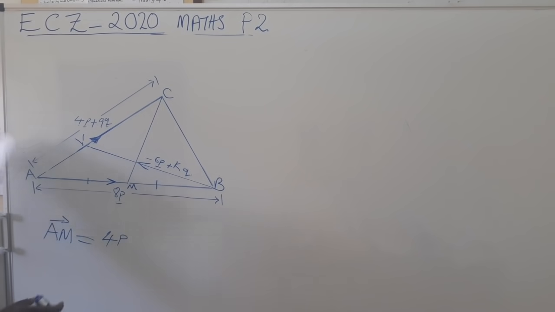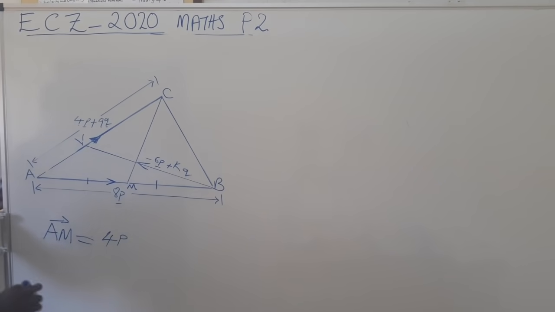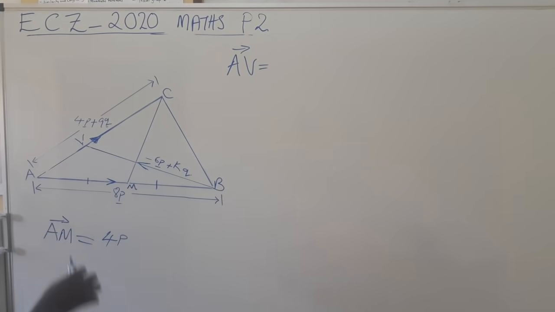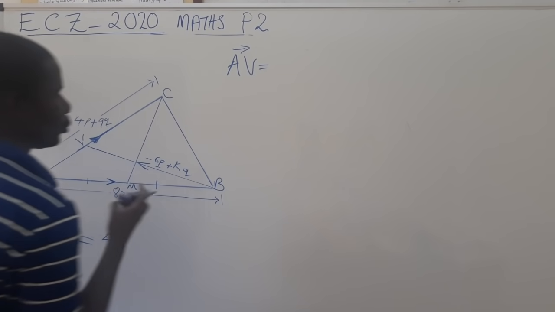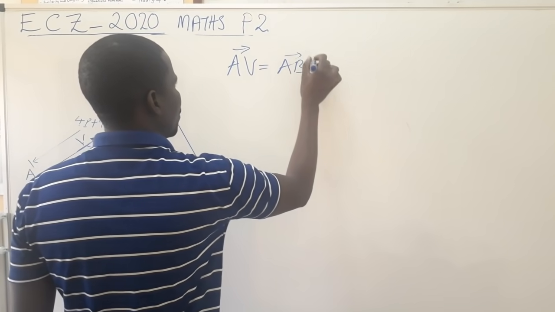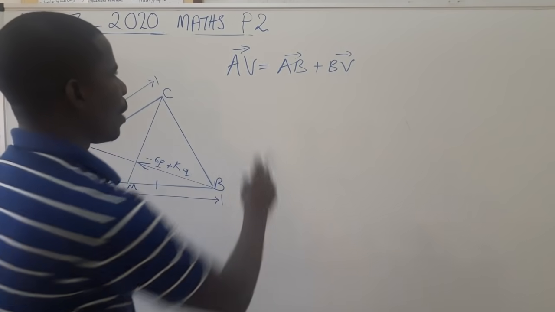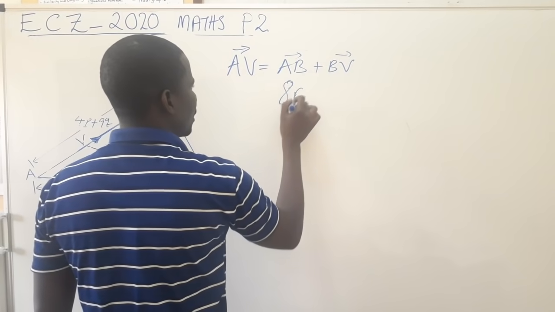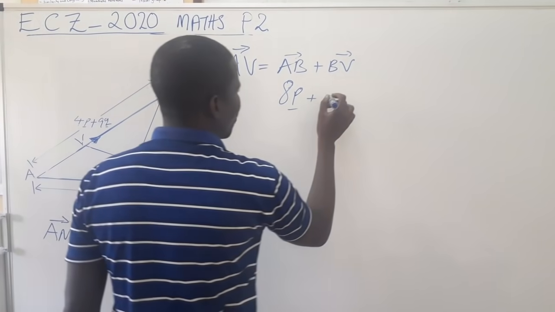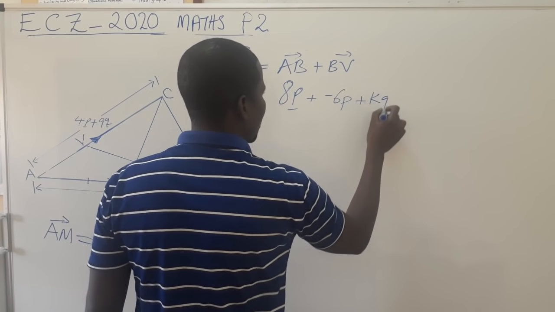Then AV. Our AV is equal to AB plus BV. Our AB is 8P, plus what do we have this side? Here we have minus 6P plus KQ.